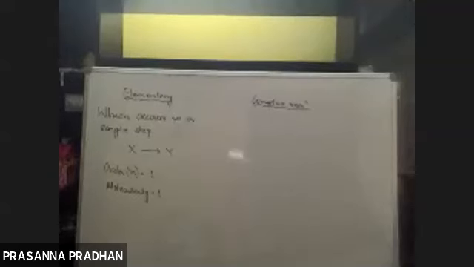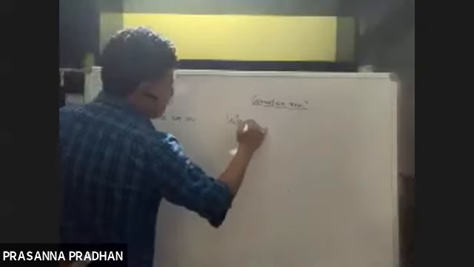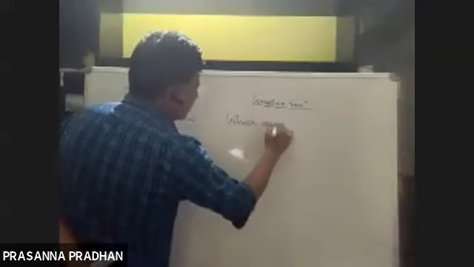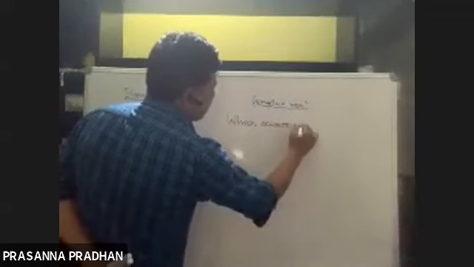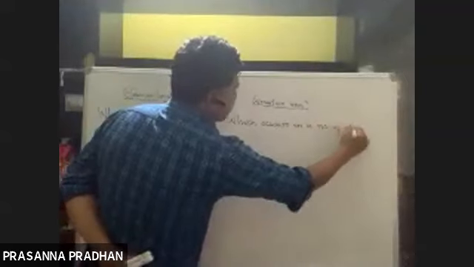Okay, but yes, there is another type of reaction known as a complex reaction. So what is a complex reaction? Complex reactions are those which occur in a number of steps. They do not take place in a single step.